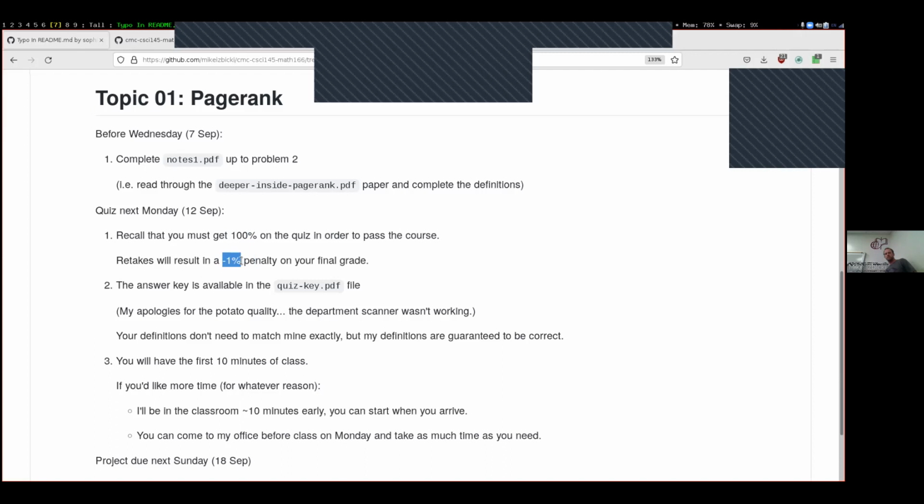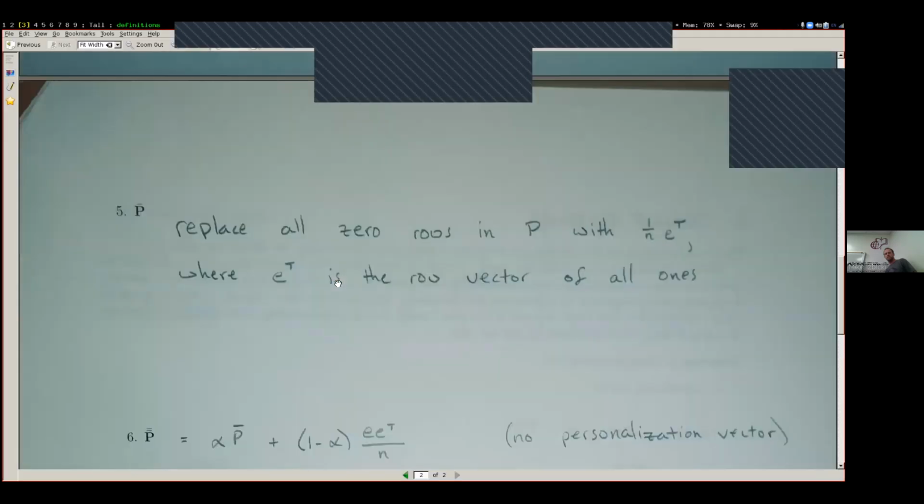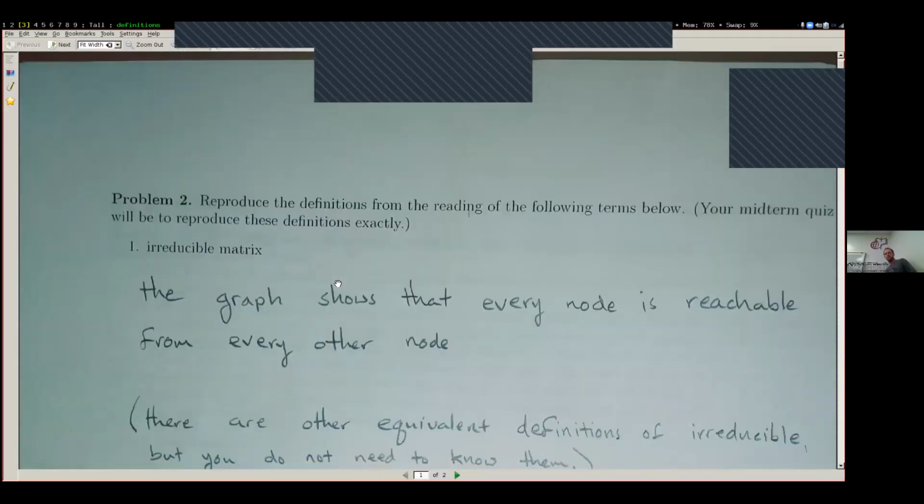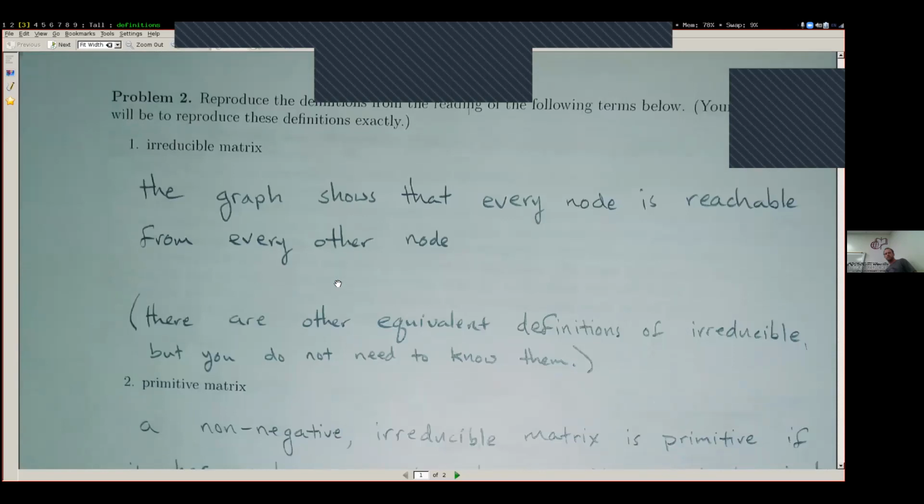It's just that you'll get a -1% penalty on your final grade for those retakes. The answer key for the quiz is in this quiz-key.pdf file in the course repo. I apologize for the poor quality. I had to just take pictures of it because the scanner in the department wasn't scanning for me. All of these things are copied from the Deeper Inside PageRank paper.